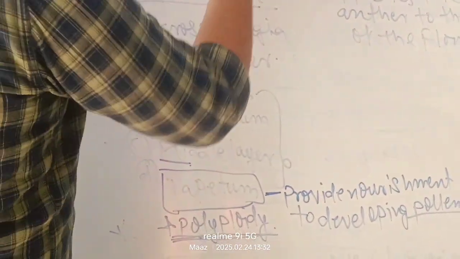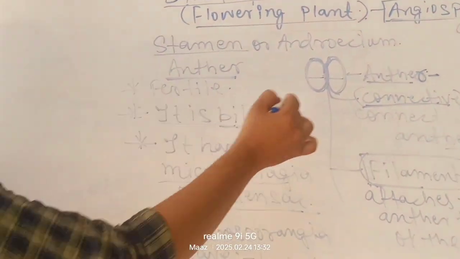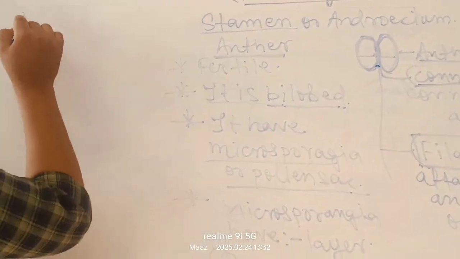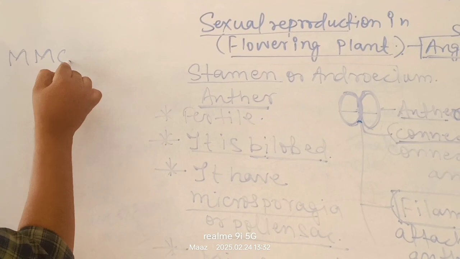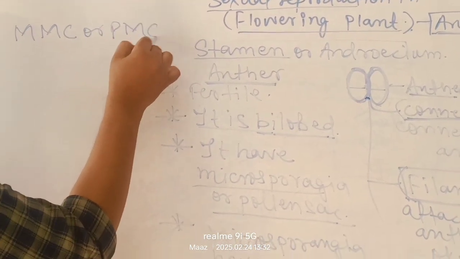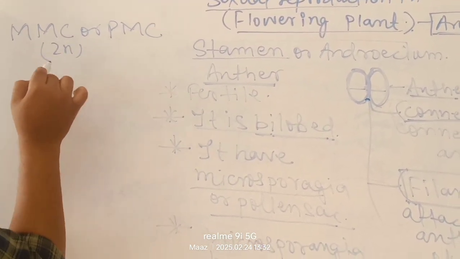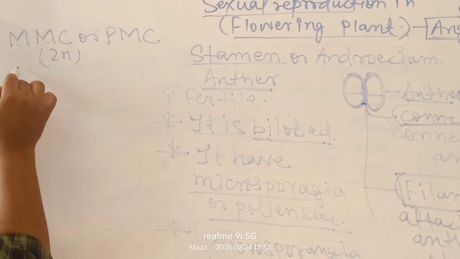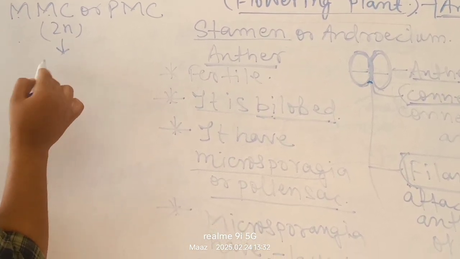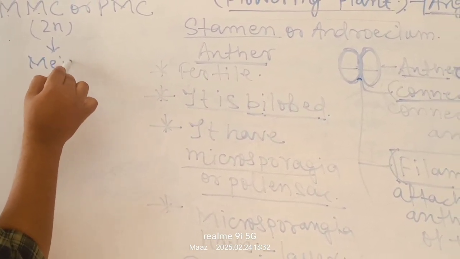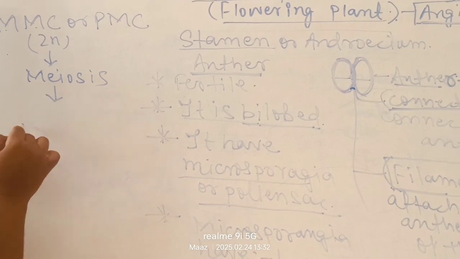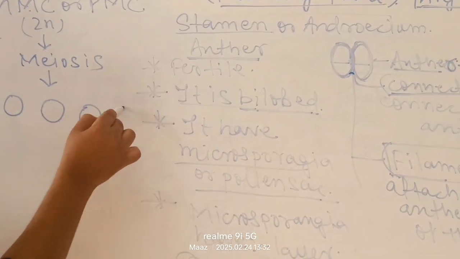Now inside the anther, there is a cell that is called MMC or PMC. It is a diploid cell, megaspore mother cell or pollen mother cell. This cell undergoes a division called meiosis, and forms 4 haploid cells.